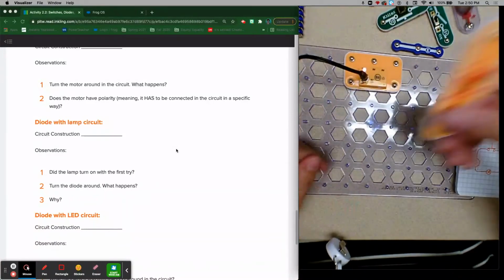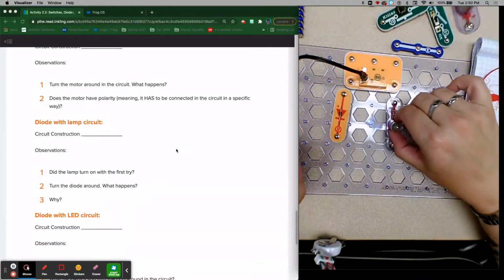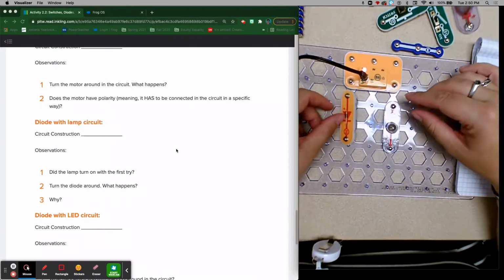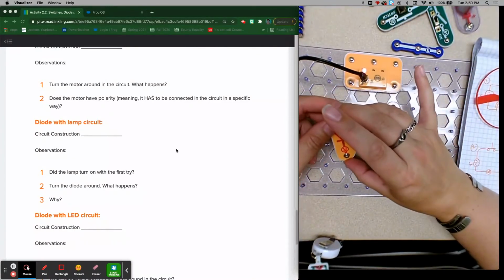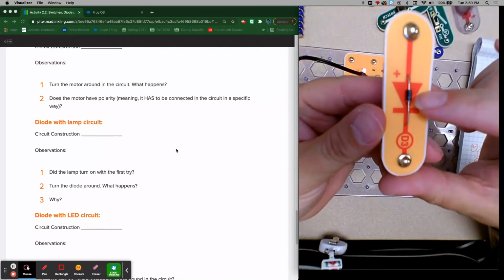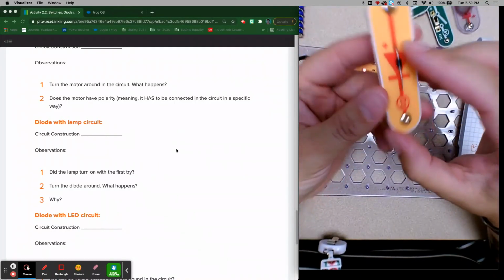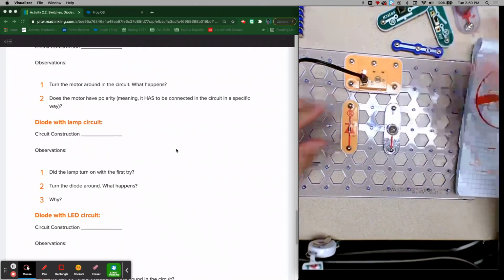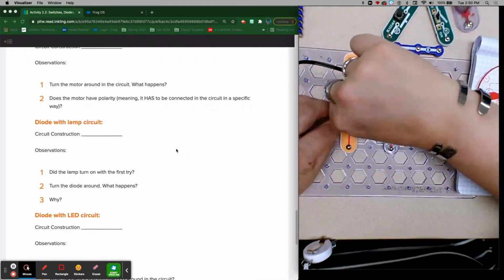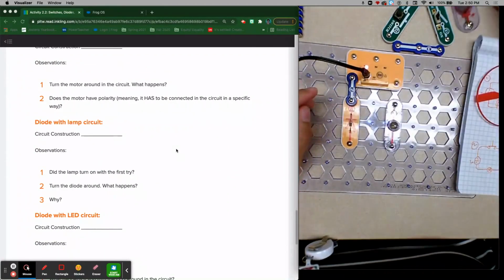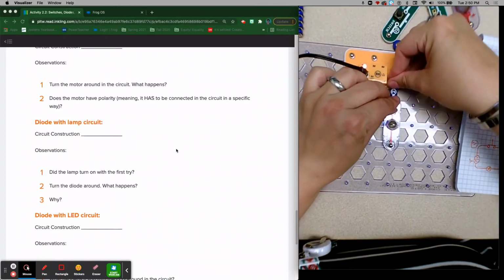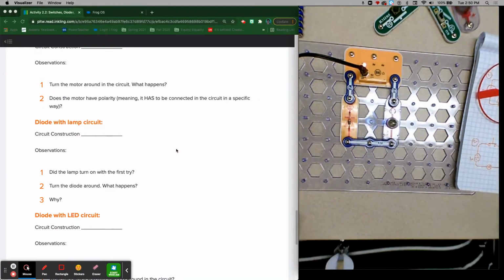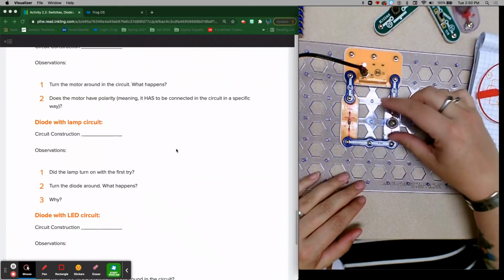So now we want a diode with a lamp. So let's snap this in here. So here's our little glass tube. Let's connect this in. All right, I'm all connected. It's not lighting up.